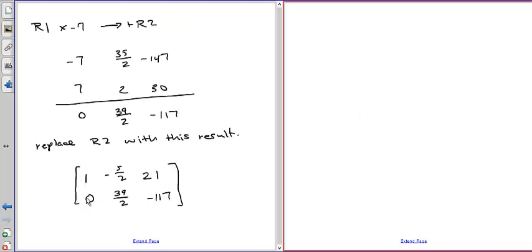So we got 1, 0. Now we just need to take row 2 and multiply by 2/39. When I multiply 39 halves by 2/39, we'll get 1 here. The question is, what happens when I get negative 117 times 2/39? Well, let's plug that into my calculator. You can plug it into your calculator.